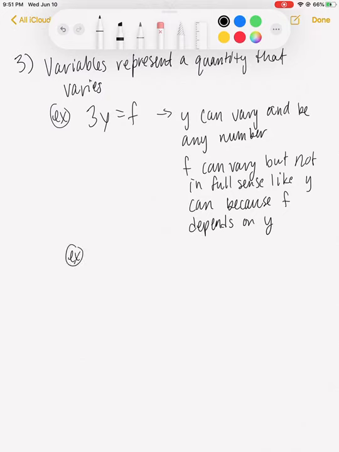For example, let's go ahead and put some numbers in there. If we let y equal 3, then 3 times 3 is going to equal 9, which is equal to f.